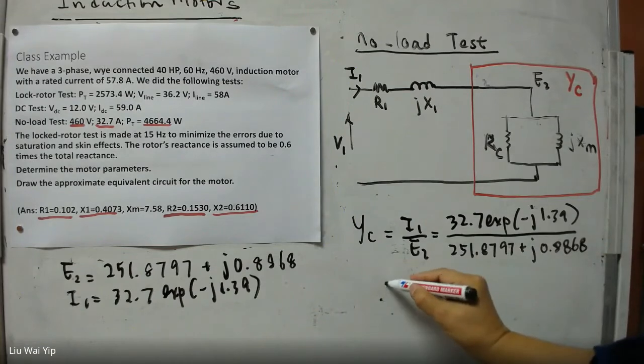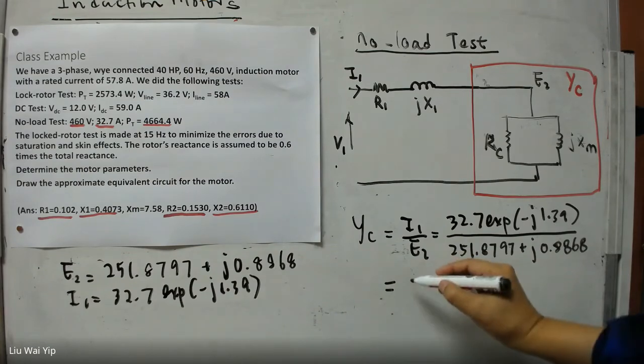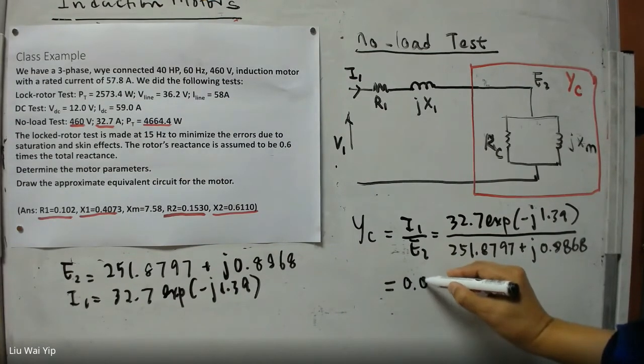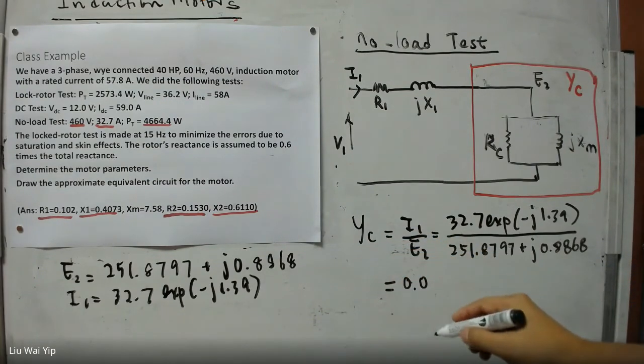So eventually, you will end up with a value. The value is 0 on the real part of the admittance.